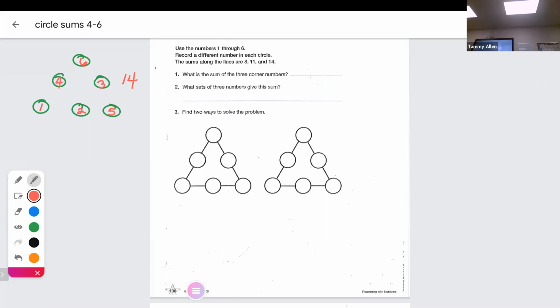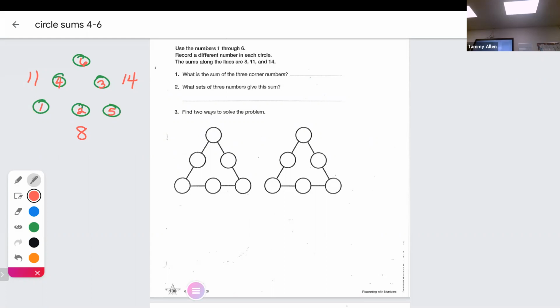I just randomly threw those in. And this side is equal to 8. This side is equal to 11. And boom, we're done.